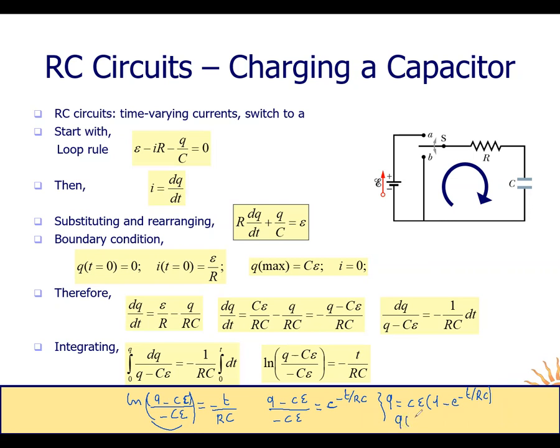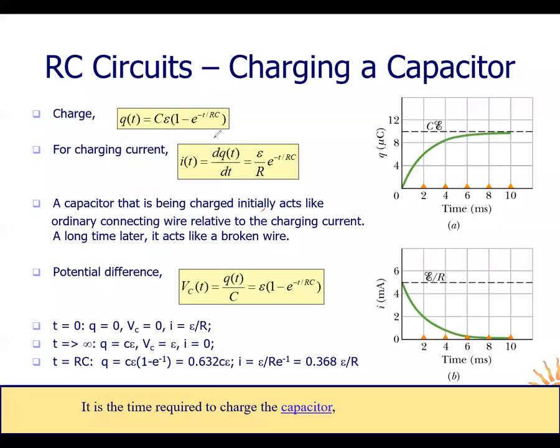This is the value of q in terms of time, which is equal to CE times 1 minus exponential minus t divided by RC. So here we have the value of q(t) equals to CE times 1 minus exponential minus t divided by RC.